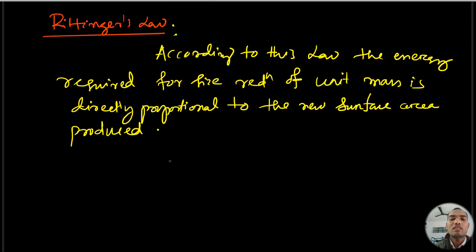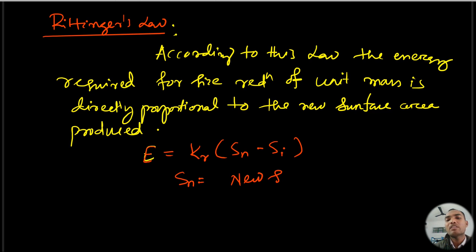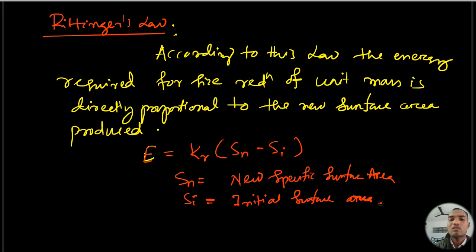So we can write that the energy E which is required to crush a material is equal to Kr into Sn minus Si, where Sn is the new specific surface area, Si is the initial surface area, and Kr is Rittinger's constant.